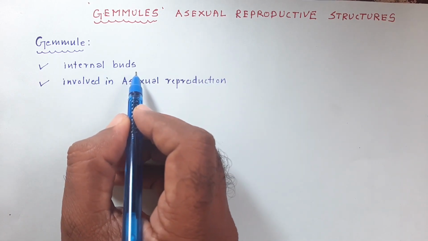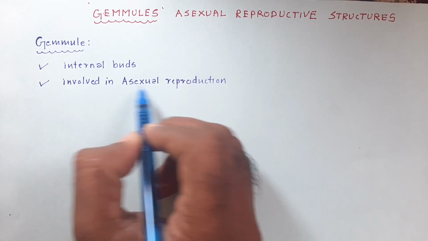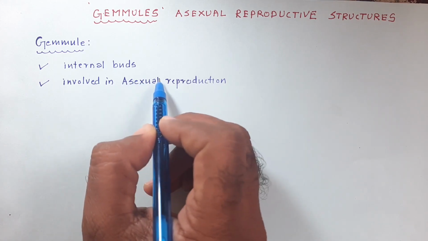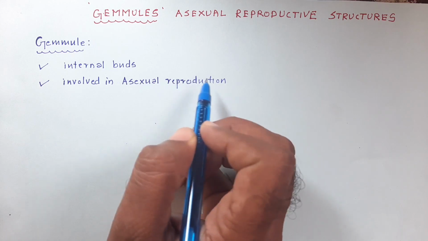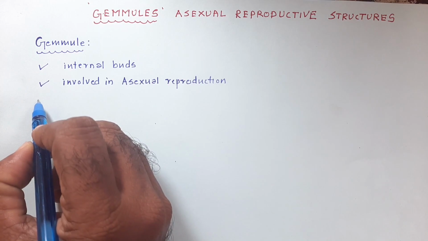So these are internal buds and are involved in asexual reproduction. Gemmules are asexual reproductive structures, and hence these are involved in asexual reproduction.